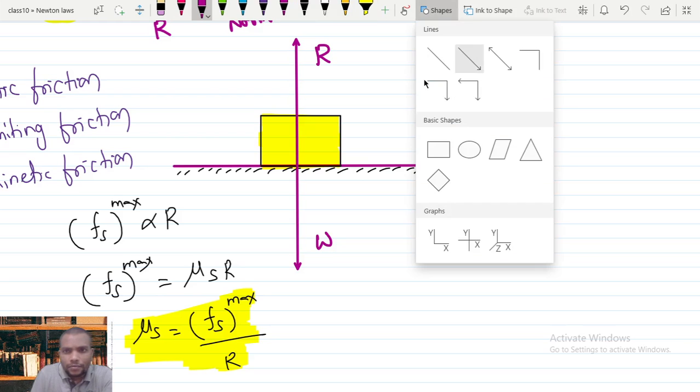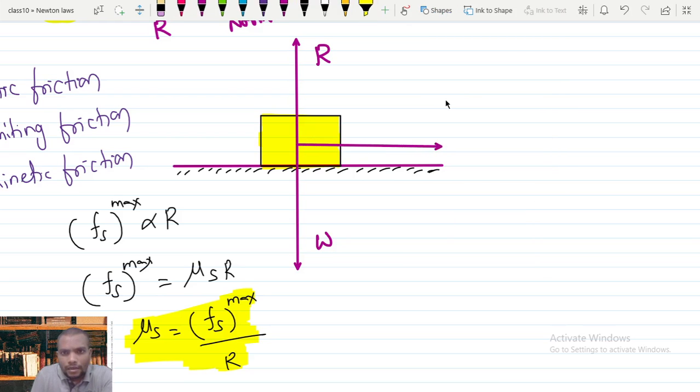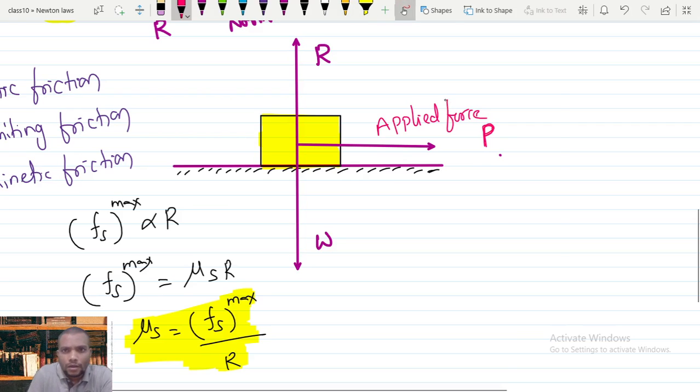And this is a force which is applied, so I can write here, this is the applied force. Let P be the applied force. Exactly opposite to the applied force, there is a friction force which will act.